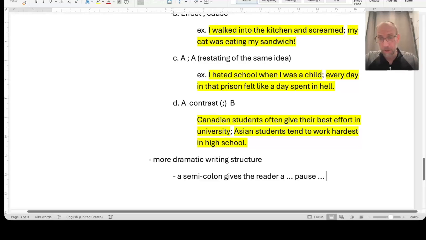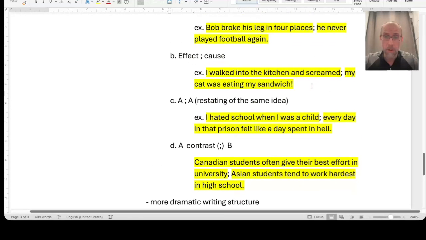It's a natural pause. If we go up and look at this one, for example, Bob broke his leg in 4 places. He never played football again, right? There is a pause there, and that pause allows a little bit of tension to rise in the mind of the reader. They're wondering what happened next or what was the result of that.